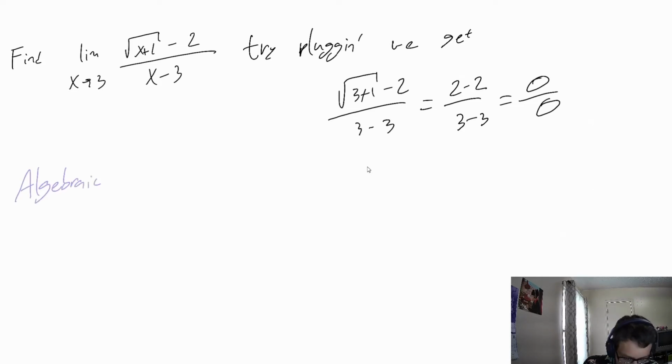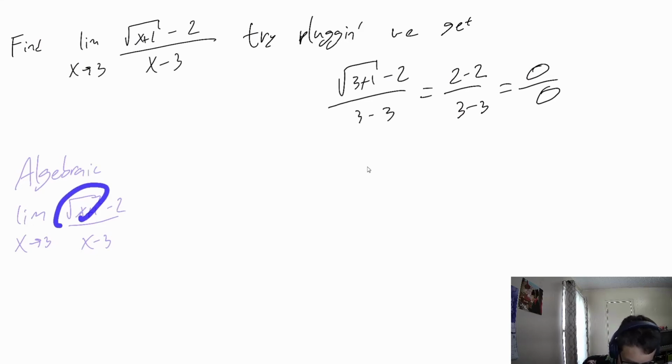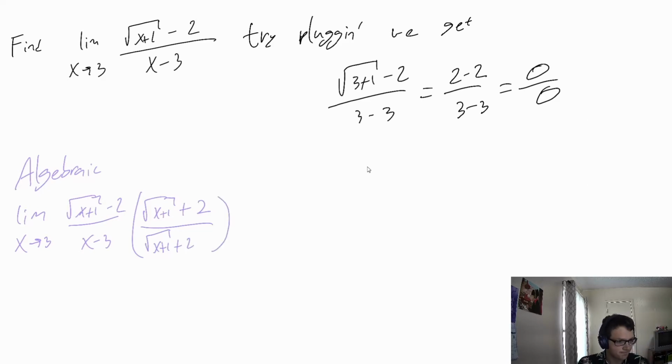To solve this algebraically, we need to employ something called multiplying by the conjugate. Multiplying by the conjugate just means the complicated part that has a square root in it. What we're going to do is take this entire top section and multiply by the square root of x plus 1 plus 2. And of course, if you do something to the top, in order to maintain equality, you must multiply the same thing on the bottom.